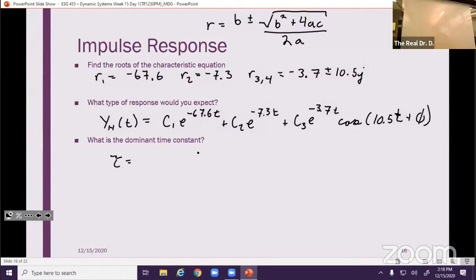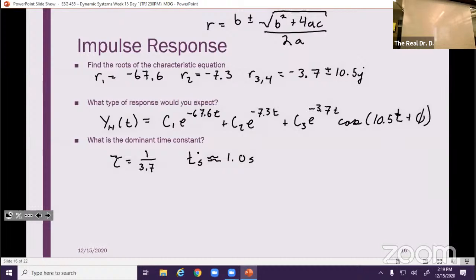So the dominant time constant is 1 over 3.7, which means my settling time is 4 times that, which is approximately 1.0 seconds. Right? Cool. It's a little more, but it's close there.